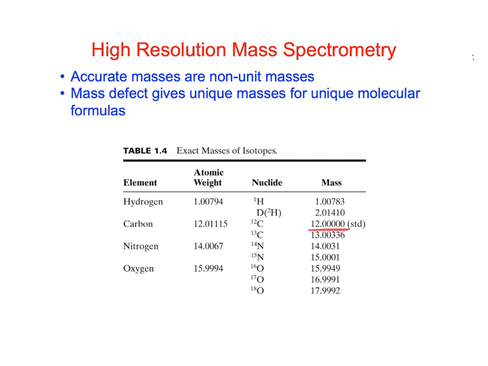Because there might be more than one formula that we could come up with that matches a unit mass, but if you measure it out to 4 decimal places, some of those won't fit.